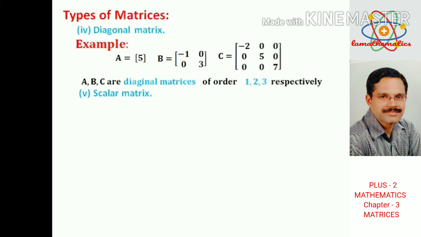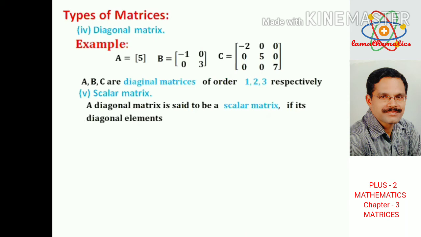Then another type, scalar matrix. A diagonal matrix is said to be a scalar matrix if its diagonal elements are equal.